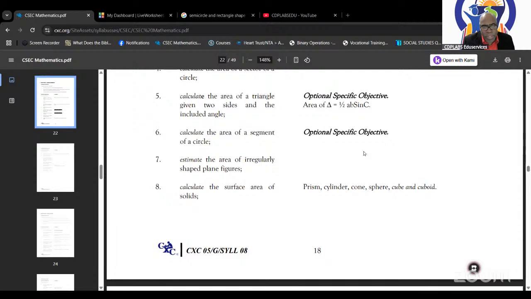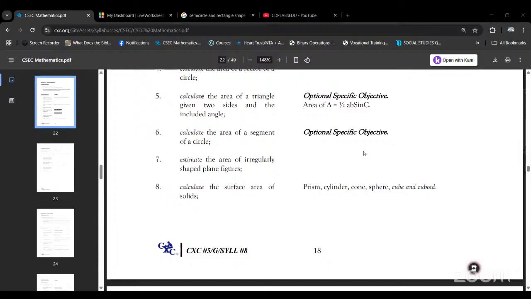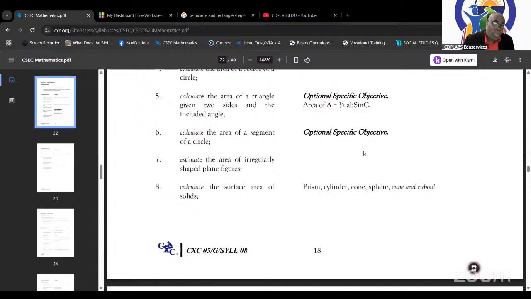Would it be a triangle shape? Yes, you're coming close. Remember, it's a cone. You don't have a triangle shape exactly, but don't give it what?